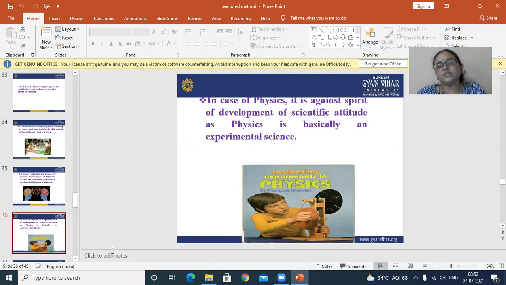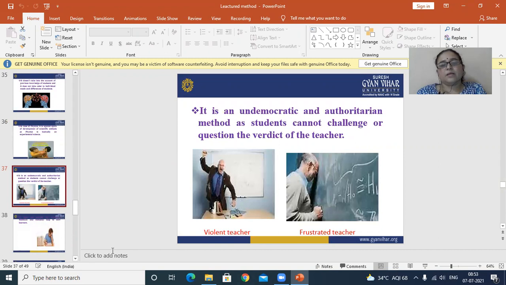In the case of physics, it is against the spirit of developing scientific attitude, as physics is basically an experimental science. It is an undemocratic and unauthorized method, as a student cannot challenge or question the verdict of the teacher.